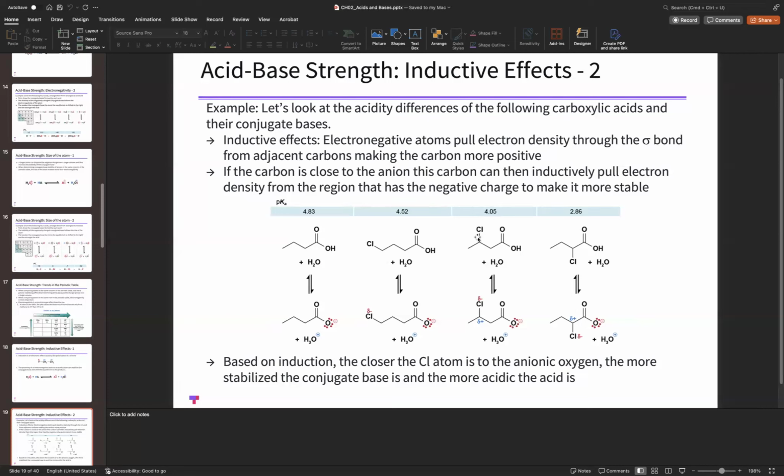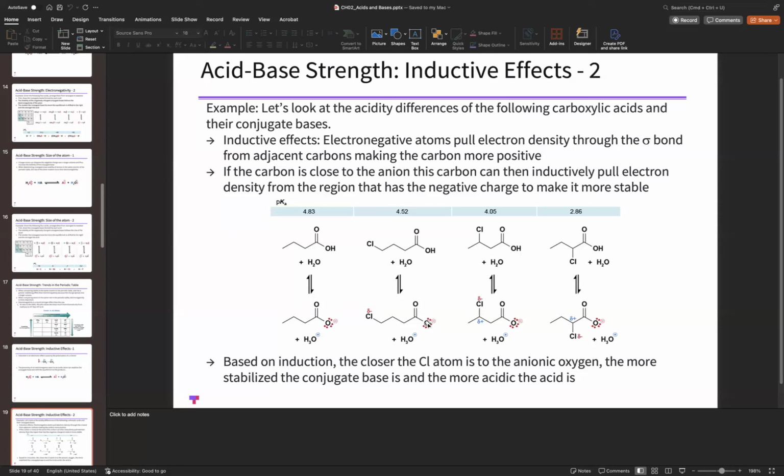When you have one of those in the structure, whenever we get a negatively charged conjugate base, and it always comes down to the negatively charged conjugate base on the other side, that negative charge can be pulled by the sigma bonds that are there between these groups towards that more electronegative atom. So here we don't have an electronegative atom except oxygen, which all of them have anyways. But here we have a chlorine.